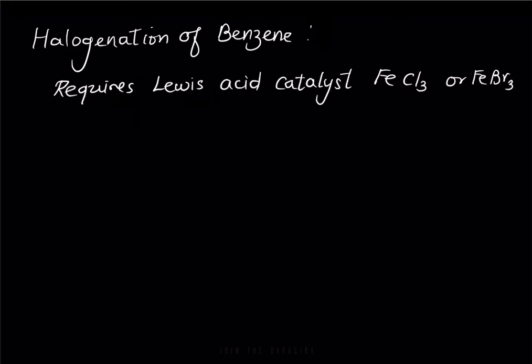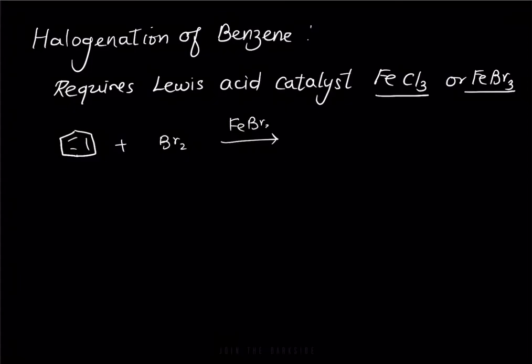Okay, halogenation of benzene. What is required for the halogenation of benzene? For the halogenation of benzene, you require a Lewis acid catalyst, either FeCl3 or FeBr3. So a benzene molecule, when reacted with bromine in the presence of FeBr3, is going to give bromobenzene.